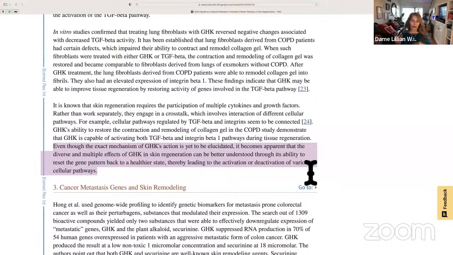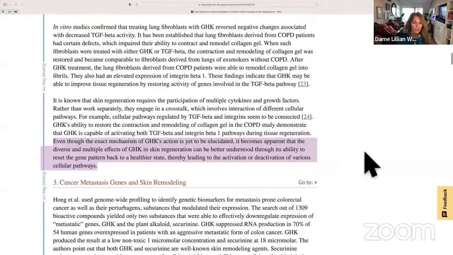Depending on whether your body needs to upregulate or downregulate to get rid of inflammation, to do the cellular repairing, rebuilding, and restoring of that tissue to a younger, healthier state, it will do whatever's necessary based on the original blueprint that you had from your stem cells, of course.